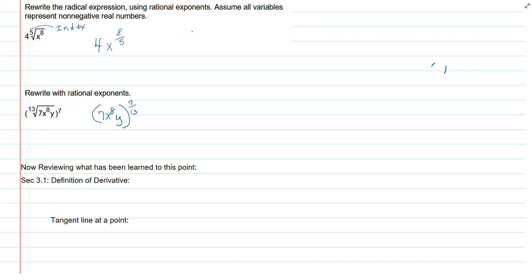Does everybody see that? The whole thing is raised to the 7, and the radical, the index, applies to everything within the radical. Is everybody good? Because this way we can distribute it in there and do some quick and dirties.